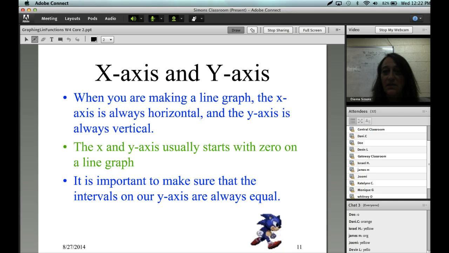Okay, and it's important to make sure that your intervals on the y-axis are always equal. And if they aren't, you should always draw that little sort of, not squiggly line, but like a Z type line to show that there's a break, if that makes sense. Let me see if I can draw it.